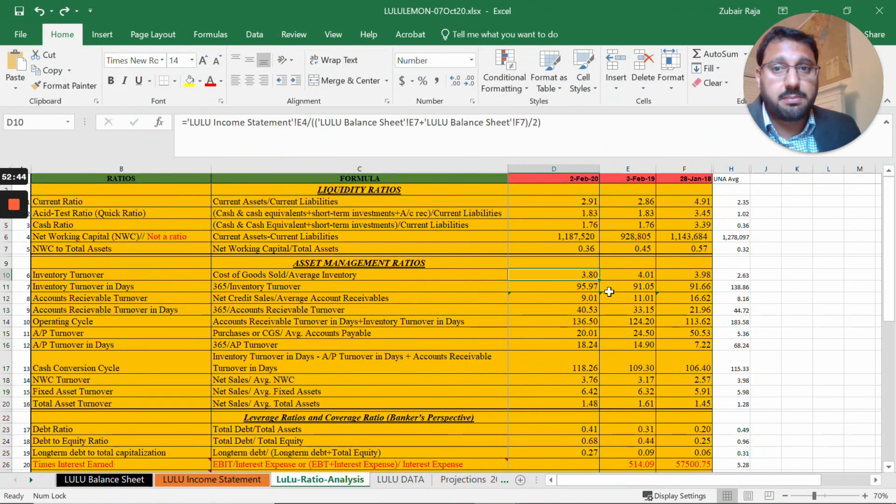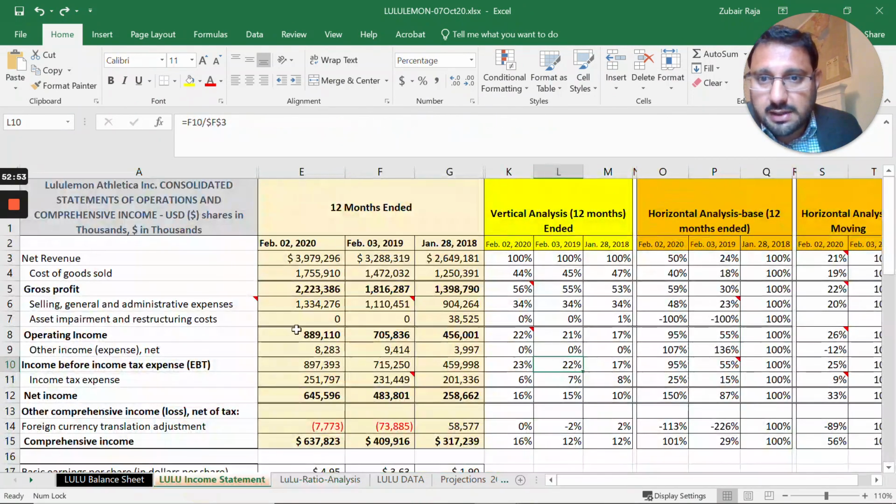And I use this number over here. You can see that this income statement number E4 definitely will have the cost of goods sold. Let's go and check what is the number. Yes, this is E4, which is cost of goods sold for the fiscal year 2020.